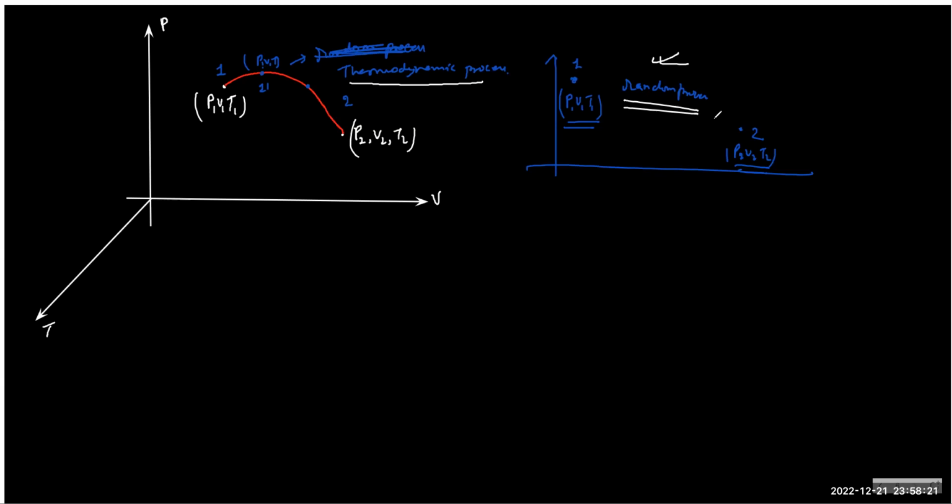Exactly. So does it have a symmetrical distribution of energy? No. So can we define temperature for that system? The answer is no, because temperature is variable at every point, isn't it?